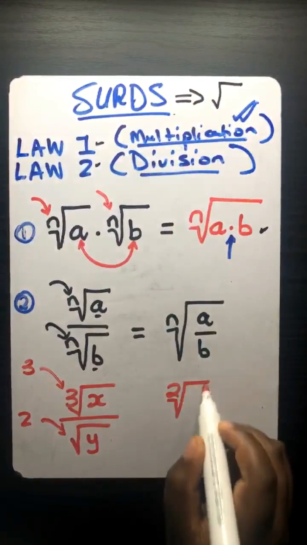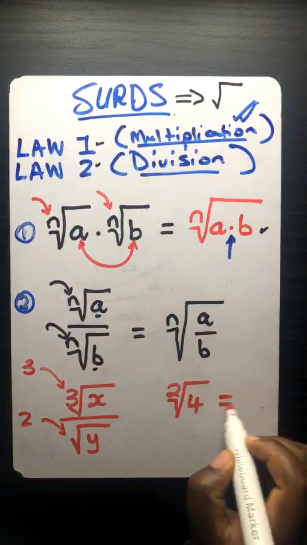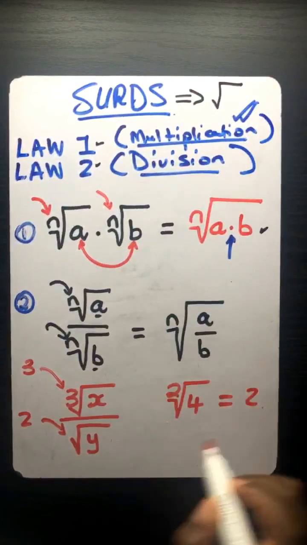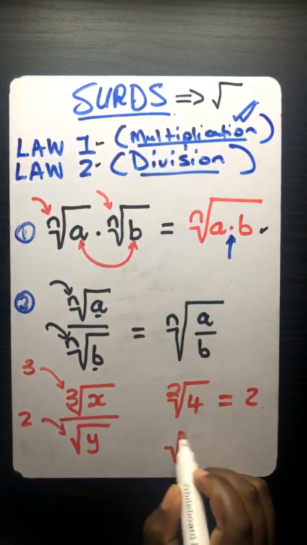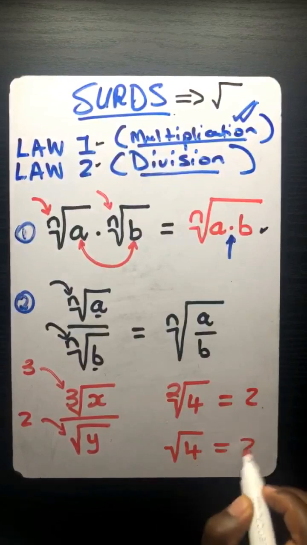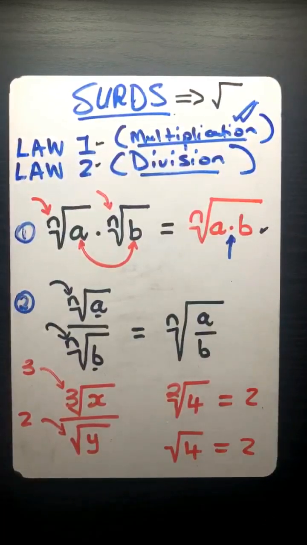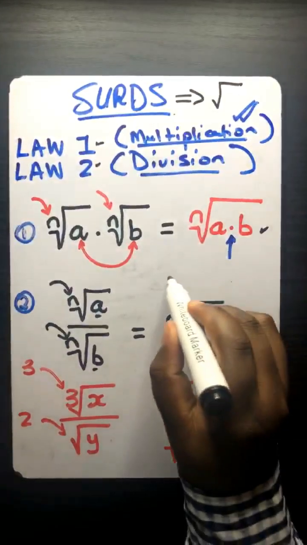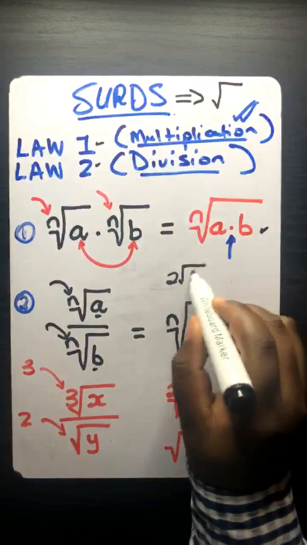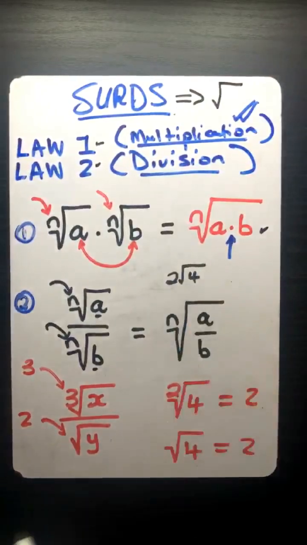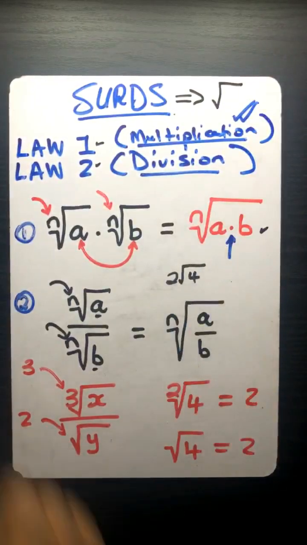Let's punch this thing on a calculator. I think it has to give us 2. Let's punch that and also punch that and check if it also gives 2. I'll quickly check on my side too. But be careful not to punch 2 square root of 4.